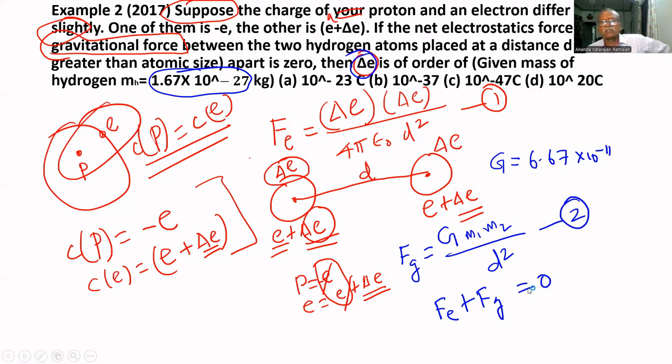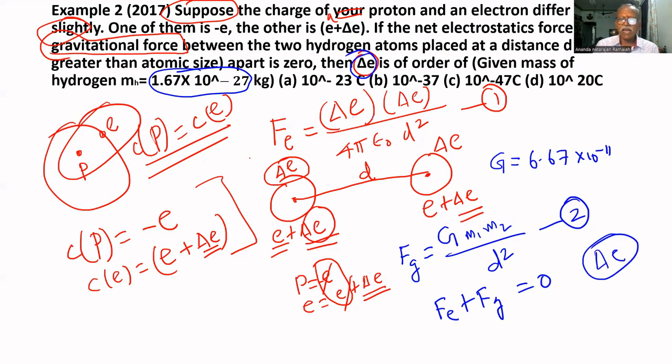That is the difference. Why did I put Fe? Because two forces are there: one gravitational force, another electrostatic force. The net electrostatic force and gravitational force between the two hydrogen atoms placed at a distance d apart is 0. So Fe plus Fg equals 0 is given. Then delta e equals what? The value of delta e is asked.